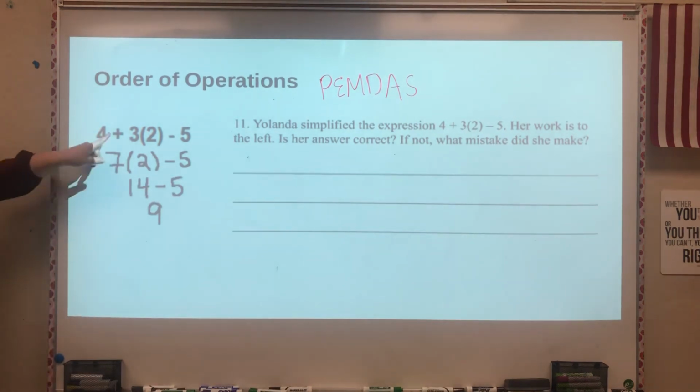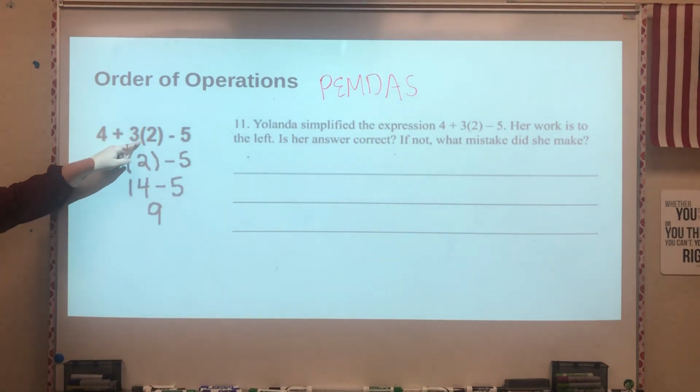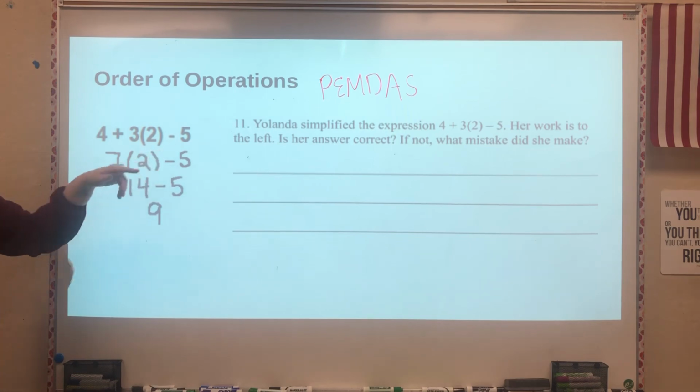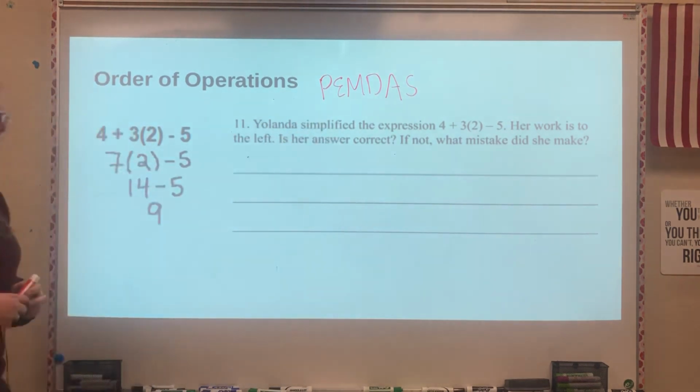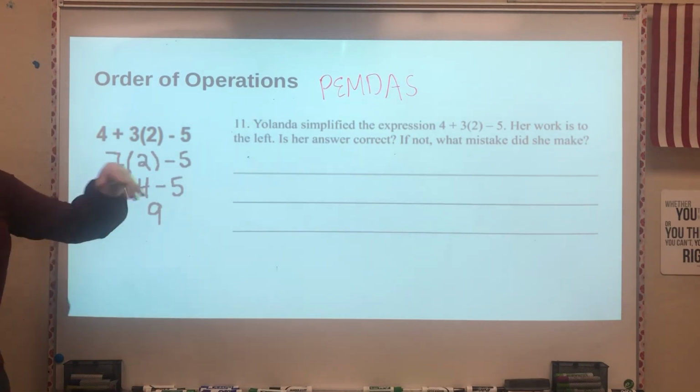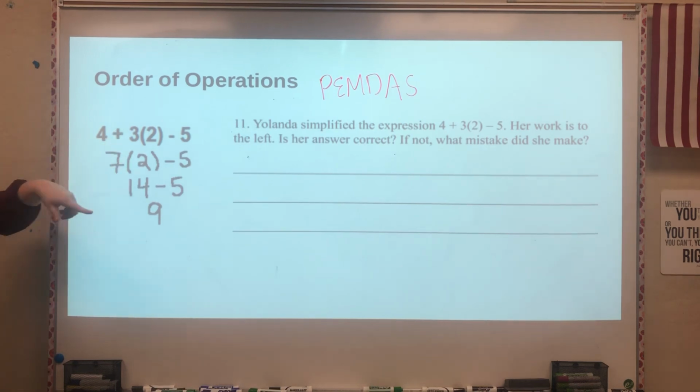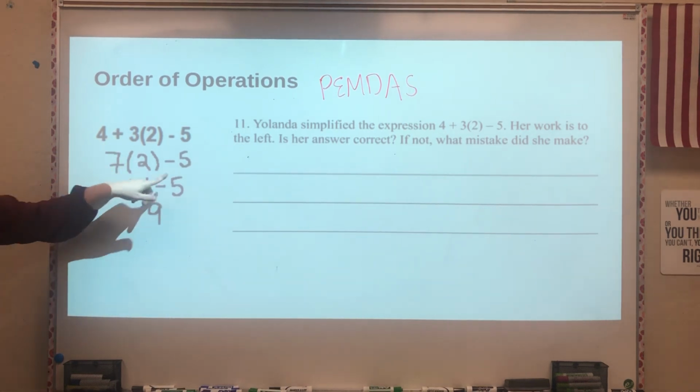So in this problem, we've got addition, multiplication, and subtraction. You can't just do it from left to right. We need to use this to help us figure out where to go. So her problem is she did it from left to right. She started by saying 4 plus 3, got her answer there. Then did 7 times 2, got her answer, and then subtracted.